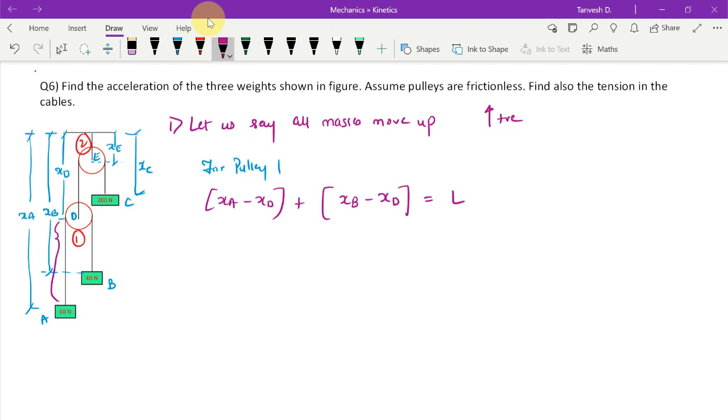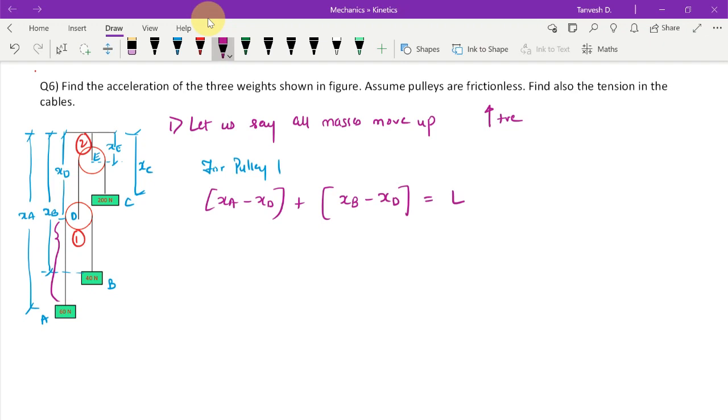And obviously this part which is on the pulley, this semicircular rope length, we will not consider because that always stays constant. Hence when we take the derivative of this, it is anyway going to be 0, right?